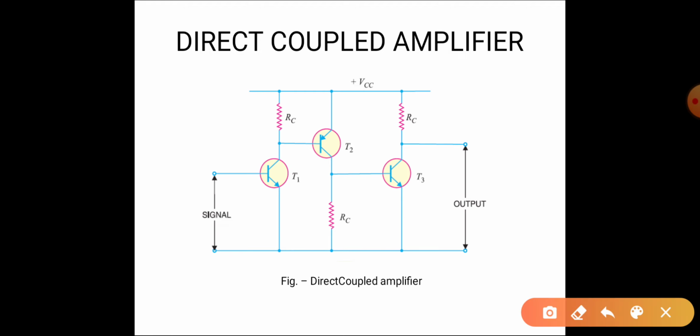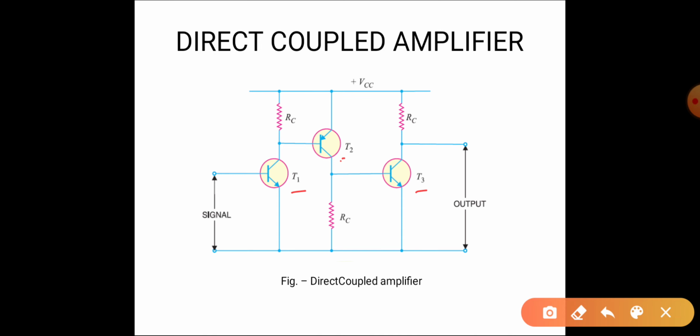So in the figure you can see it is a three-stage amplifier. As you can see there are three transistors T1, T2 and T3. So it is a three-stage direct coupled amplifier, or you can also say two-stage direct coupled amplifier.